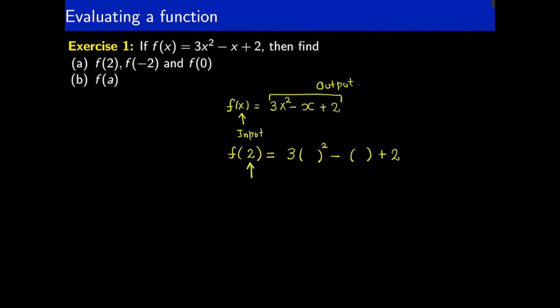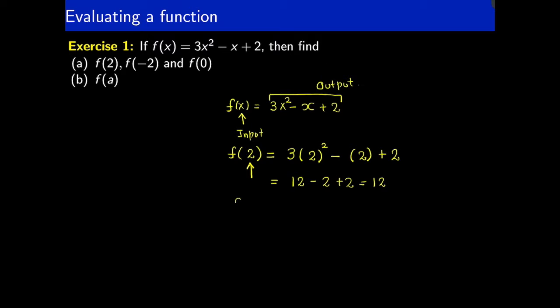The value of this input, which is 2. I will place this value in that placeholder, and then I will do the math. As you can see, 2 squared is 4. 4 times 3 is 12. So this is 12. This is a minus 2, and that is a plus 2. And therefore minus 2 plus 2 is 0, so this is just 12.